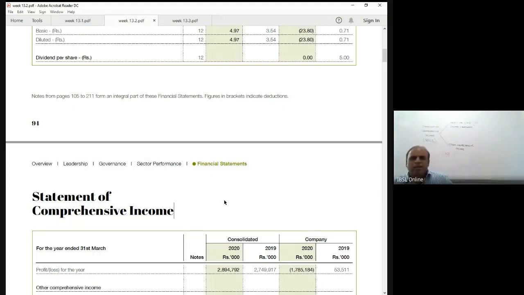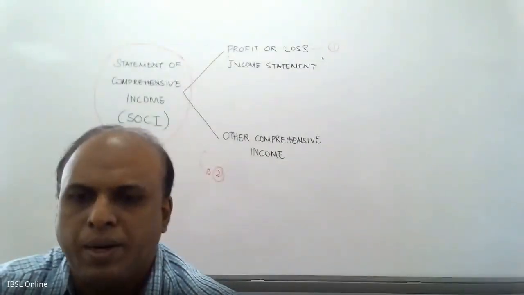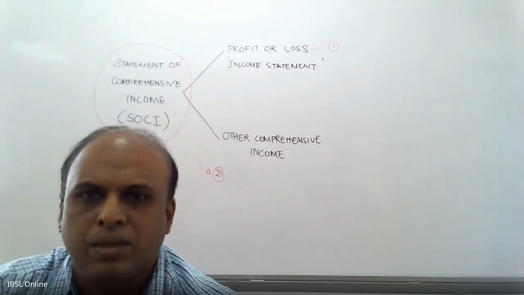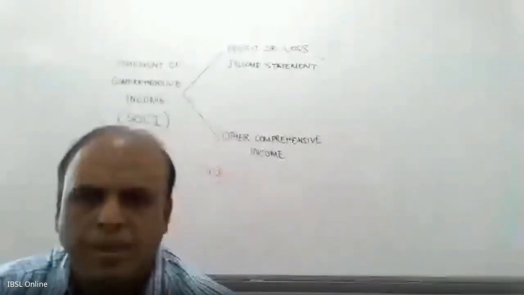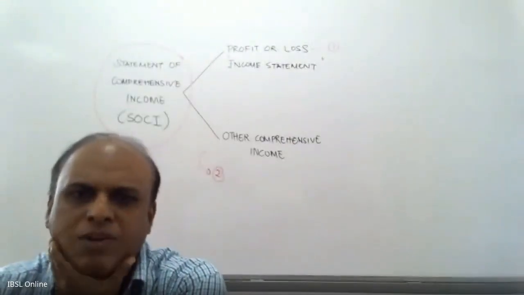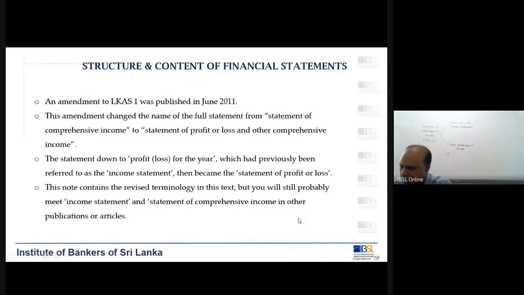Okay, but for exam purposes, we will not do two separate statements. We will go by one particular statement so that it will be easy for us to understand. Okay. So as far as the structure and content is concerned, that is what it means. You have to understand clearly how this P&L is reported in the financial statements.